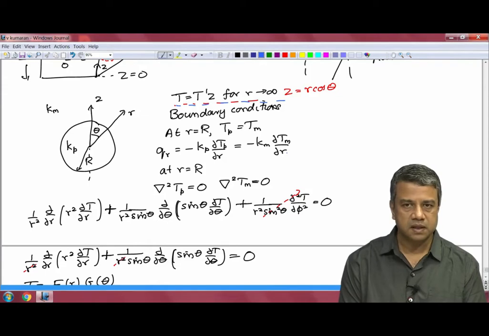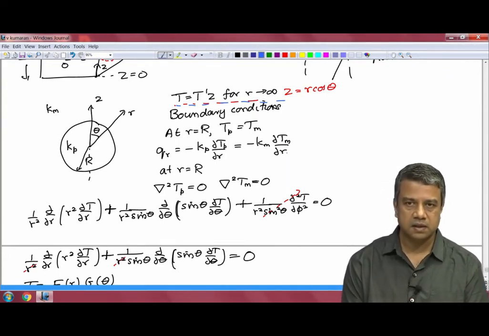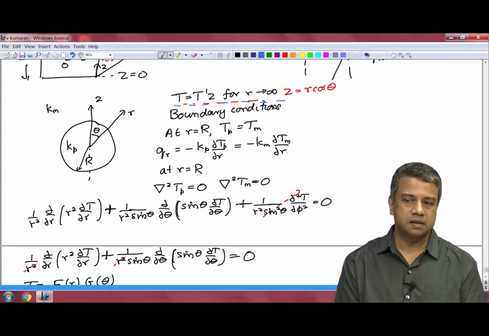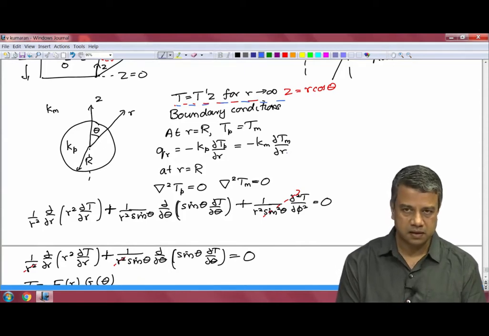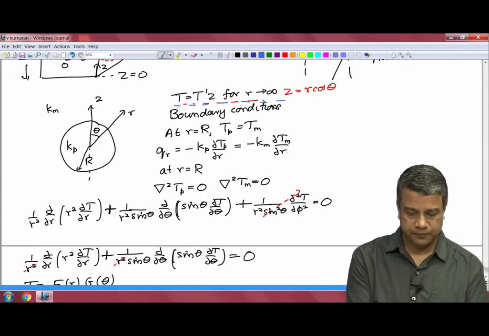In this particular case, there is no variation in the phi direction around the z axis, and therefore, there was variation only in the radial direction r and the theta direction. The surface is a surface of constant r, so there is a dependence on r, and far from the particle the temperature depends upon r cos theta, which is z. Therefore, there is a dependence on theta as well.